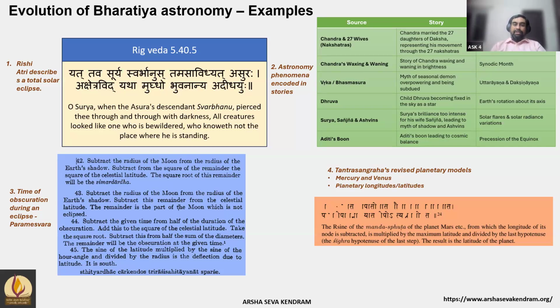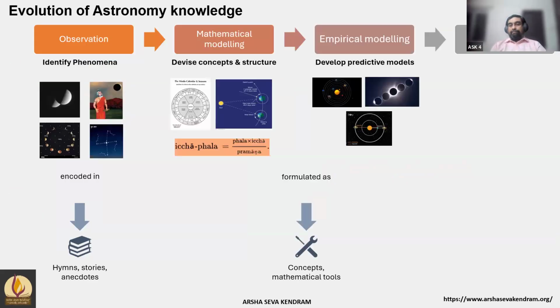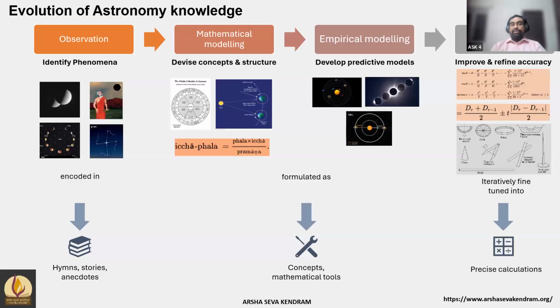Right? So some examples that are a reference. We also saw that it was a very well structured process, right? So there were observations. Again, I want to emphasize that observations played a very, very vital role in building the knowledge of astronomy, and hence our ancestors also devised different instruments, which we will deal with in a separate lecture, to sharpen their observation.